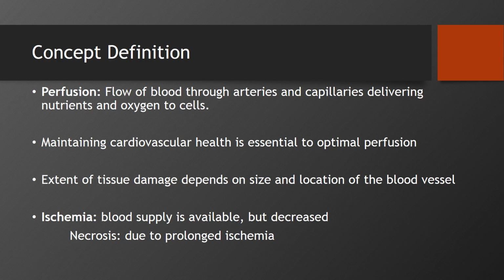Just to review the heart a little bit, if you think of the way that the blood flows through the heart, you're going to have blood returning from the body through the vena cava into the right atrium.